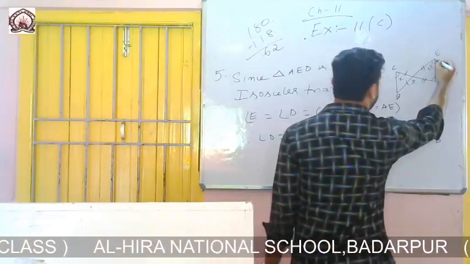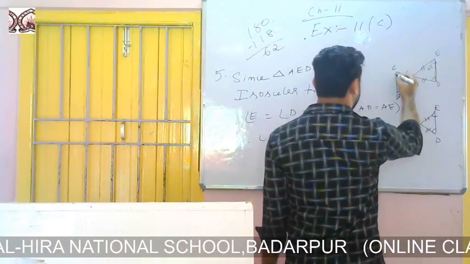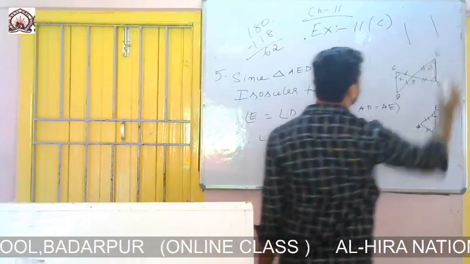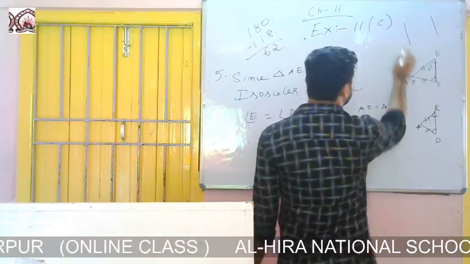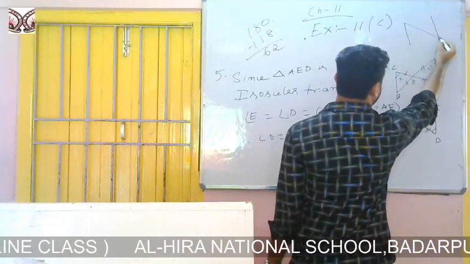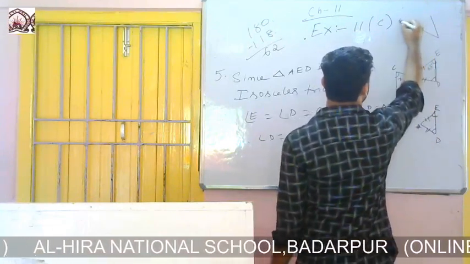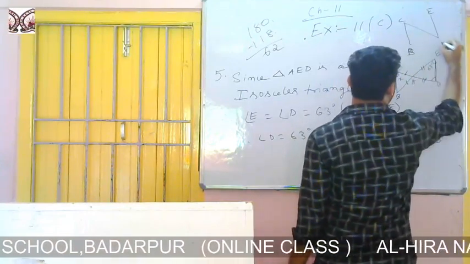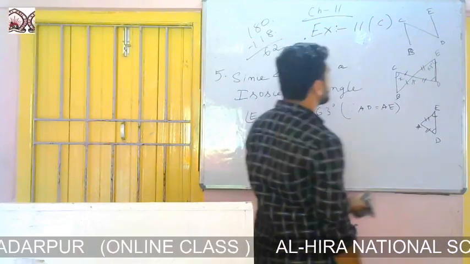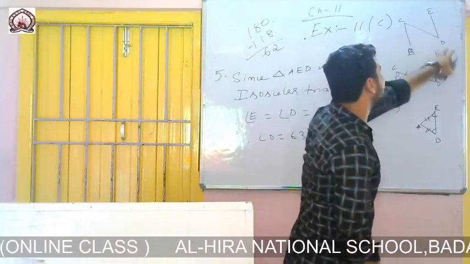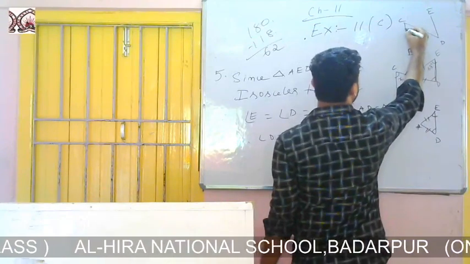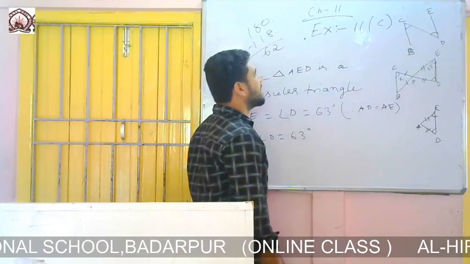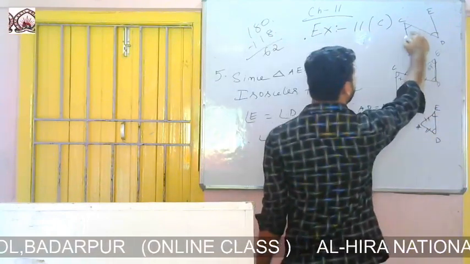You see, these two lines are parallel lines. This line and this line are parallel. BC and ED are parallel lines. I can say CD is the transversal. So this angle and this angle will be equal, because they are alternate angles.